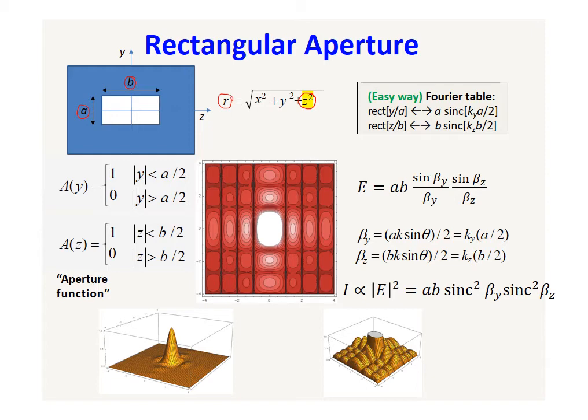So we now have a two-dimensional aperture function that we need to write, which I've written here on the left. And our Fourier transform then, which is going to give us the electric field, is going to be a double integral now over the z direction and the y direction of the aperture function, which is 1, times e to the i (k_y y plus k_z z) dy dz.